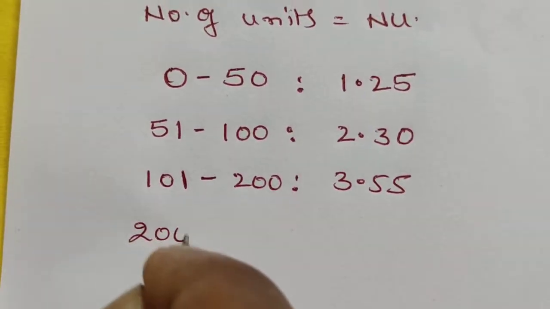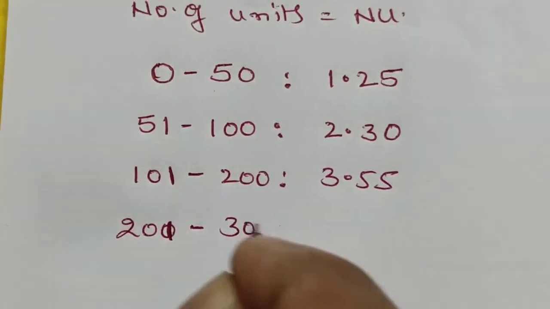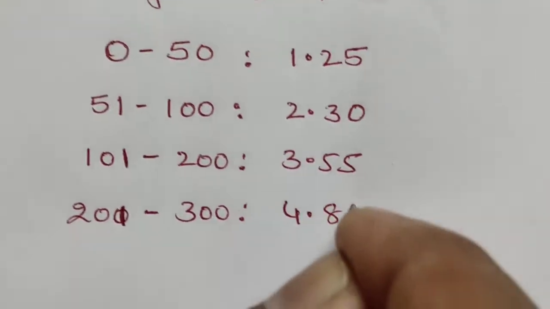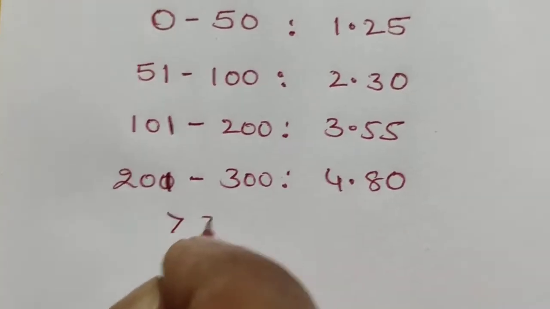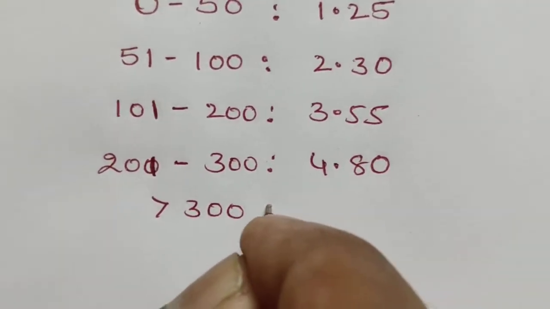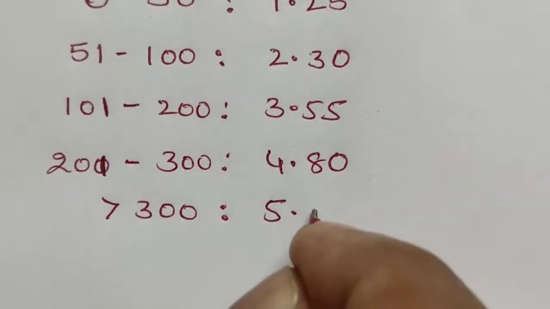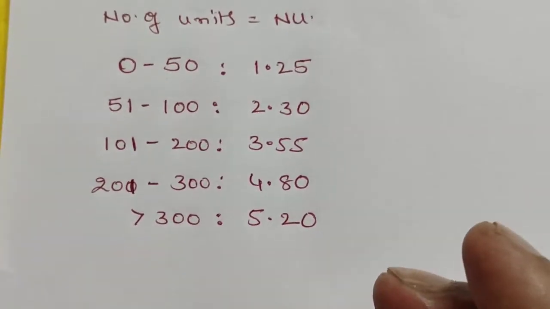Greater than 200 units, that is 201, up to 300 units, per unit 4 rupees 80 paise is charged. Greater than 300 units of electricity consumption, per each and every unit 5 rupees 25 paise is charged.